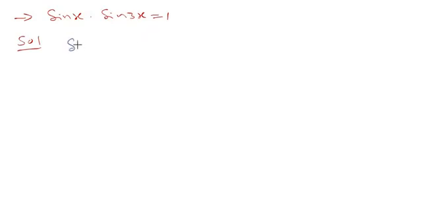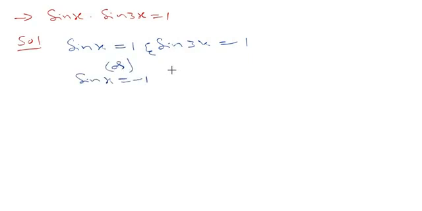For that we can take either sin x equals 1 and sin 3x equals 1, or we can take sin x equals -1 and sin 3x equals -1. These two situations we have, case 1 and case 2. In these two situations we have to discuss the general solution. Other than these two, no solution will exist. I think it is very clear for you. If a solution exists for these two cases, then we will get the answer.